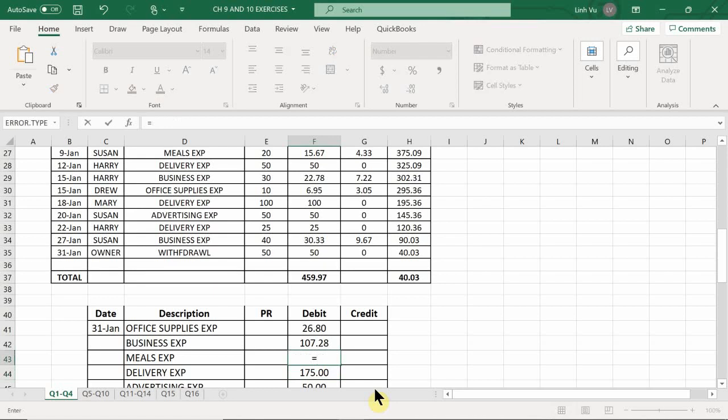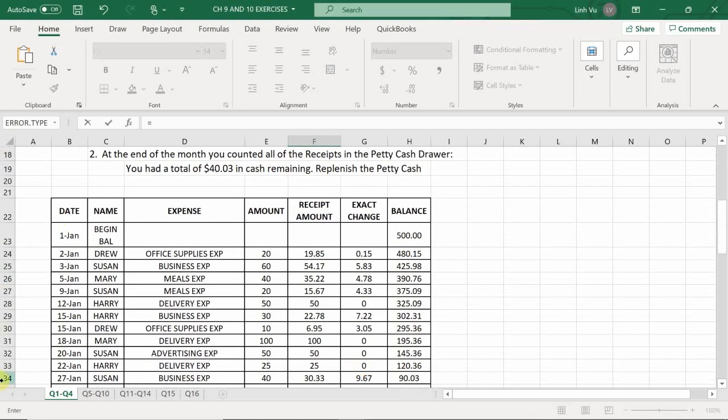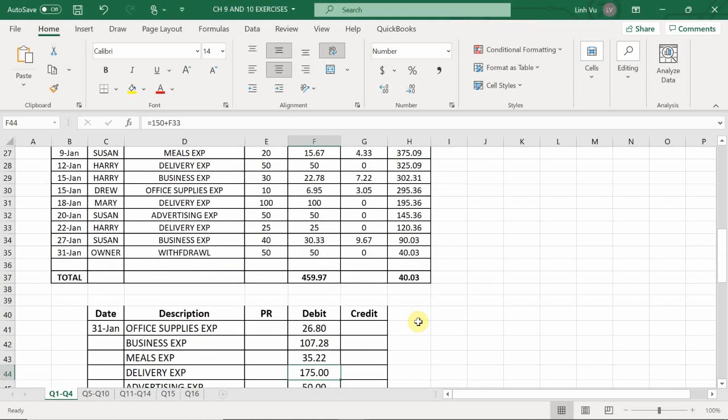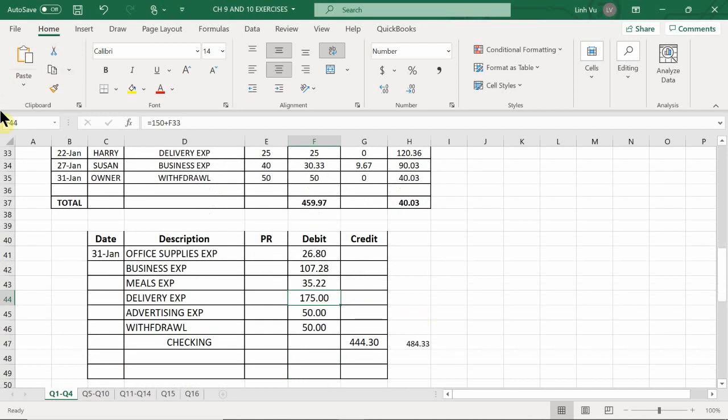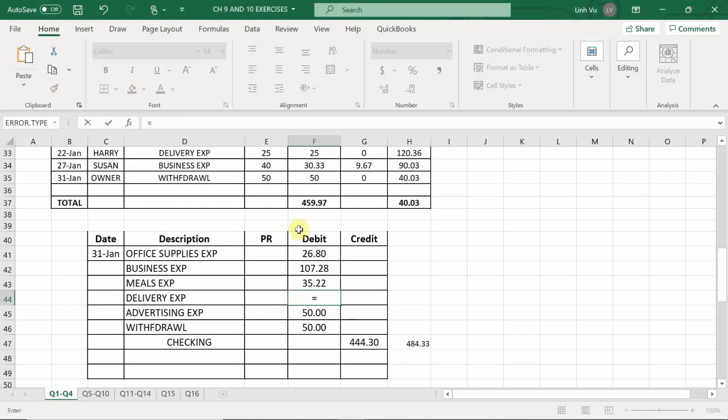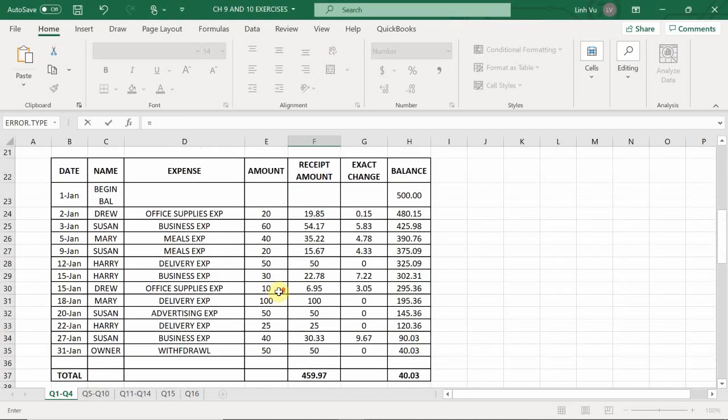Okay. The meals. Okay, let's see. I think we only have one meals expense. Yes, one meals expense right here for a total of $35.22. Okay. Let's try delivery expenses. Maybe that's where we went wrong. Okay. So delivery expenses. Let's see. We have our first delivery expense right here for $50.